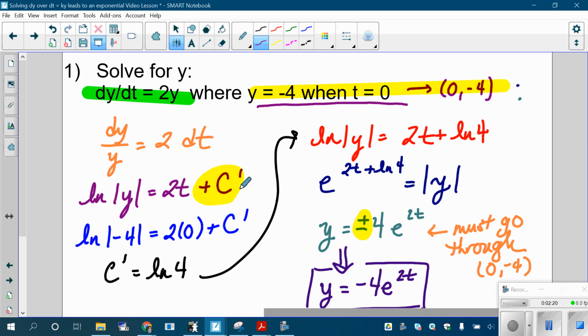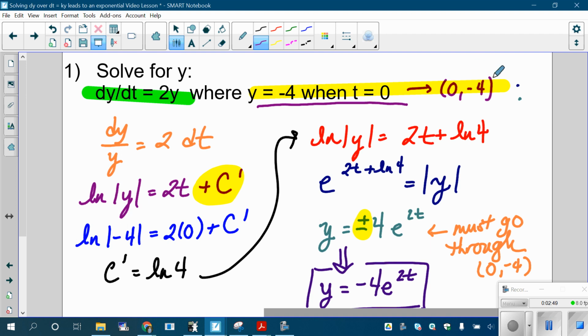This is the point when you should solve for the initial condition. It's easier to do it at this point. You don't have to; you can go about getting the y by itself, but it's easier to solve for the initial condition here. What I mean is to plug in this point: the output y is -4 when t is 0. In other words, of all the solutions to this differential equation, tell me the one that goes to the point (0, -4).